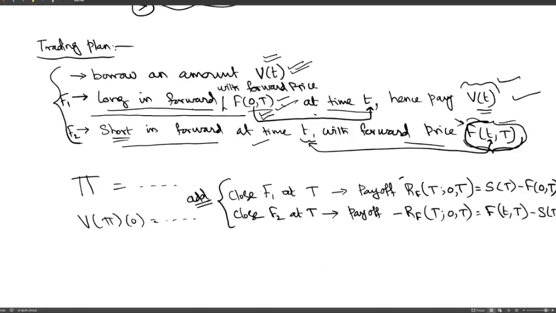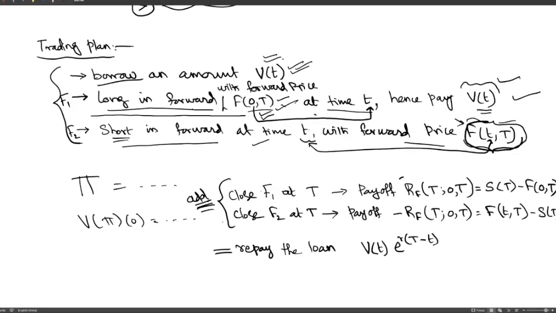Then you have to pay the borrowed money, so you have to remove that V of t, which is what you initially got. So repay the loan. How much do you have to pay? You got this much, and it was continuously compounding with rate r, therefore you have to pay this money. So this minus this is what you finally get.